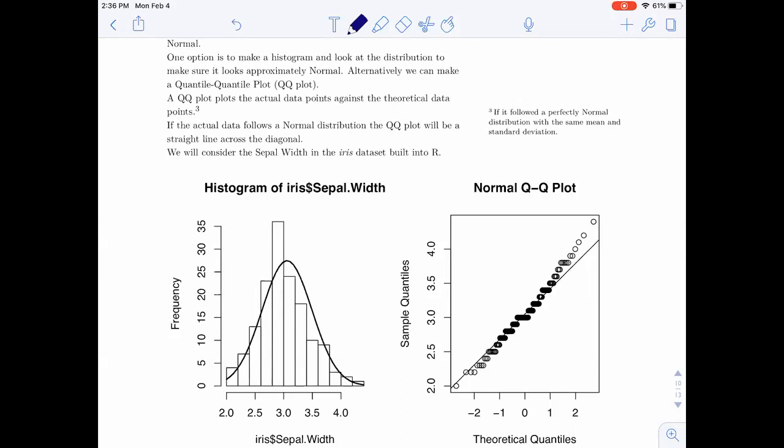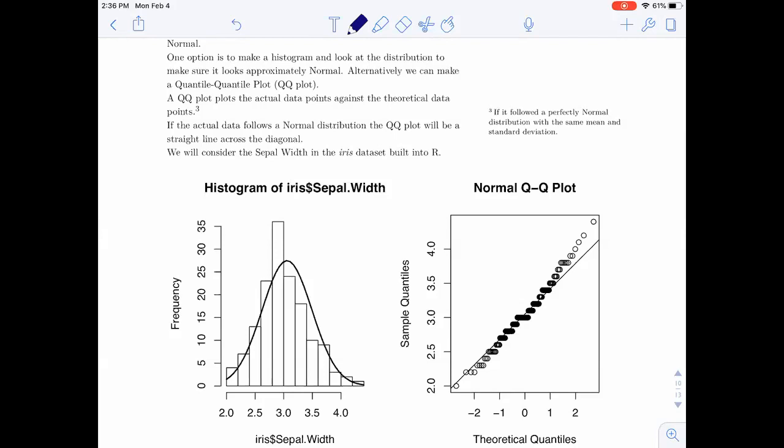It's going to plot your actual data points against the theoretical data points. The theoretical data points are going to be that smooth line with that same mean and standard deviation that you have in your data, right? Where would it be if it was perfectly normal? And so that's what this line is here.